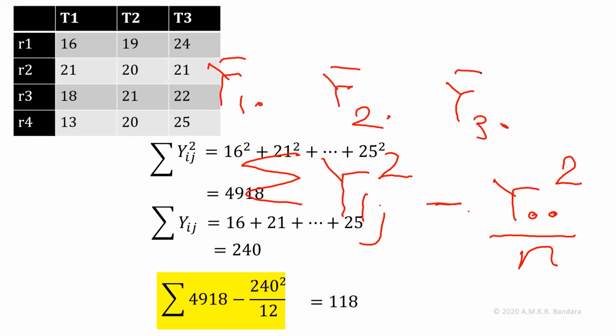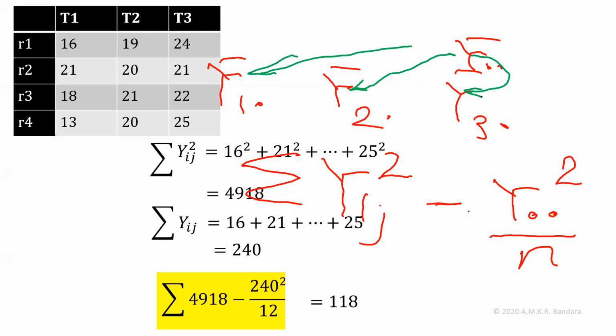You can also find the grand mean, y dot dot bar, which is the grand average of all these observations. For treatment sums of square, you have to find the variability between this grand average and each treatment mean.